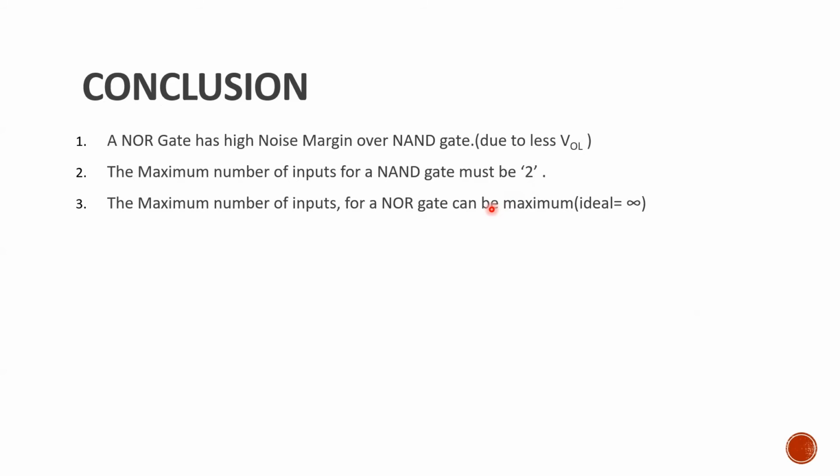So VOL becomes 0. It moves towards ideal. Hence, the maximum preferable number of inputs of a NOR gate is infinity, but when it comes to the NAND, it is 2 only. These are the conclusions, guys, which we are drawing after this MOSFET switch.